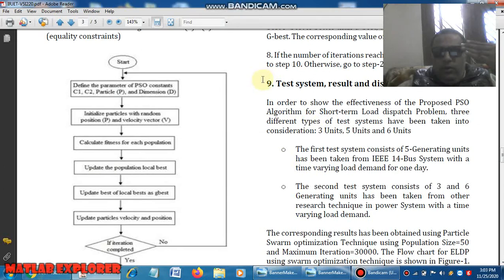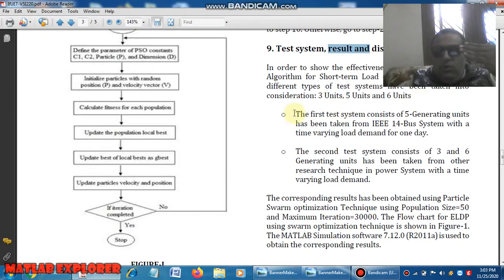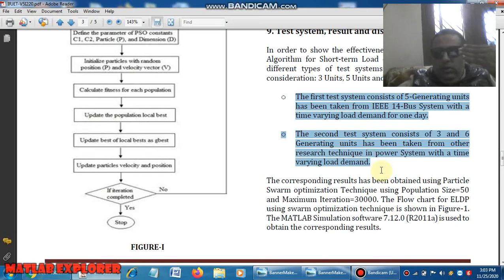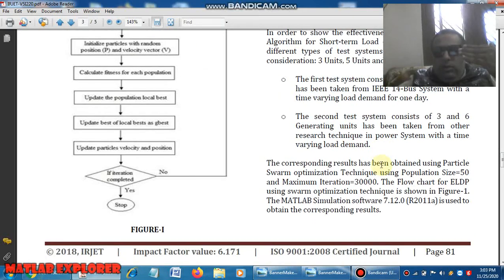After defining your methodology, next is the test system, result and discussion. Test system means the practical system you can include here, and then the result and discussion. You can mention the practical system on which you are going to test your suggested technique, and the system must be practical.